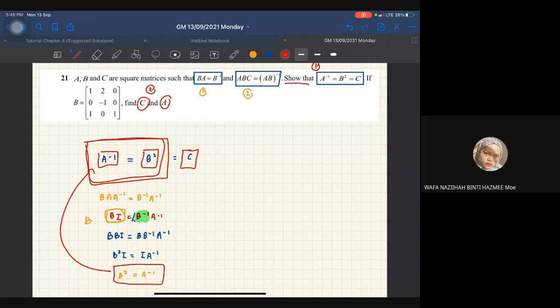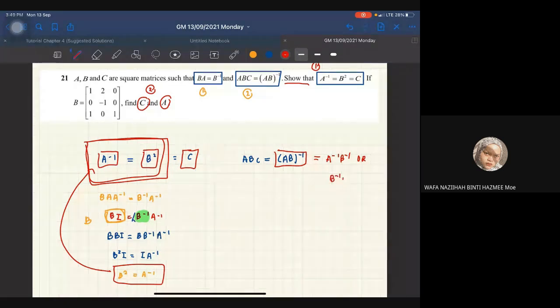Okay, so let's use the second equation. So we have A, B, C is equal to A, B inverse. Okay, this one. Properties for this one. Dia sama dengan A inverse B inverse or B inverse A inverse.